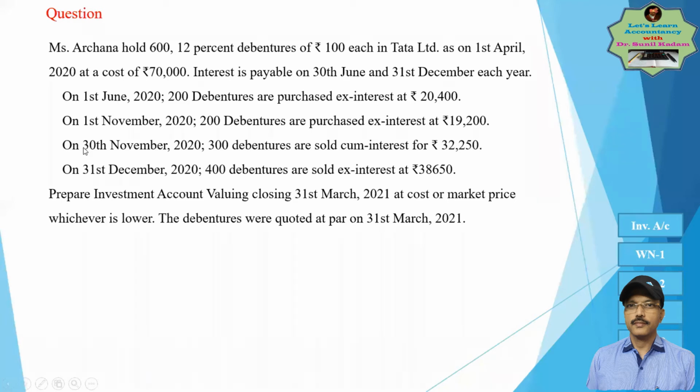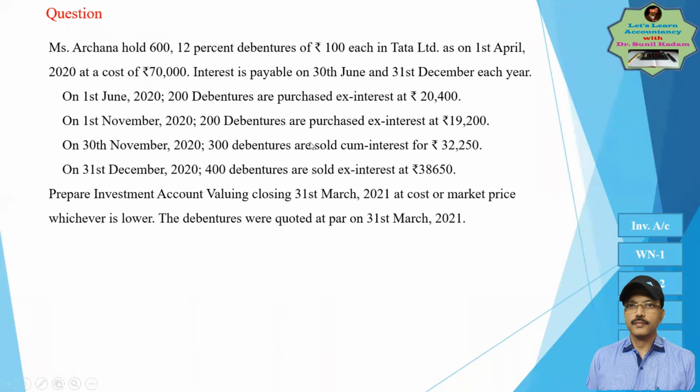They told us on 30th November, 300 debentures were sold, cum-interest price for 32,250. So we need to find out the profit or loss on it, and it is cum-interest price. It seems that this 32,250 includes the interest, which has to be subtracted.